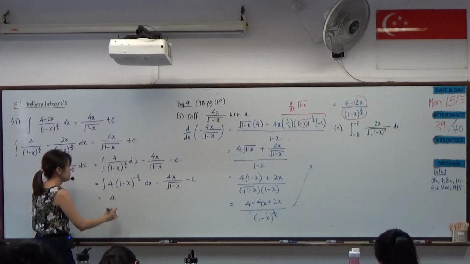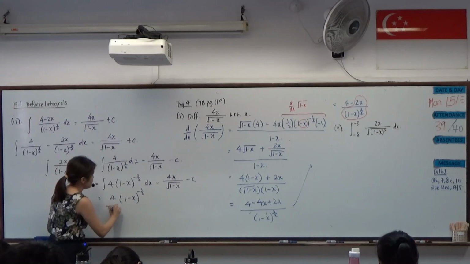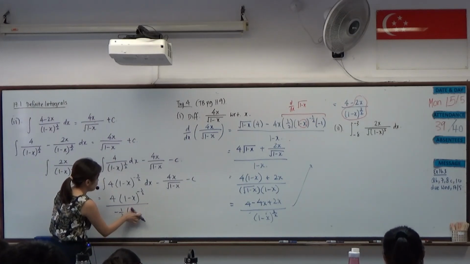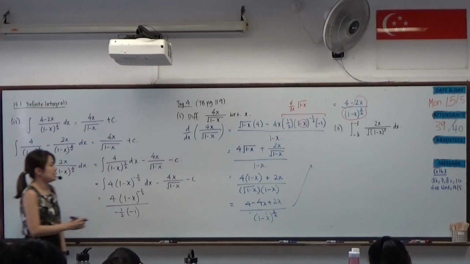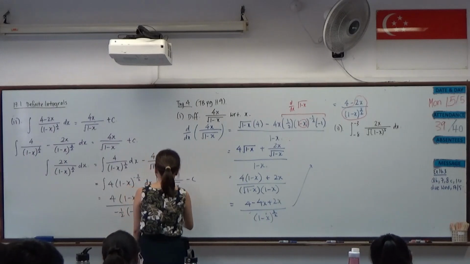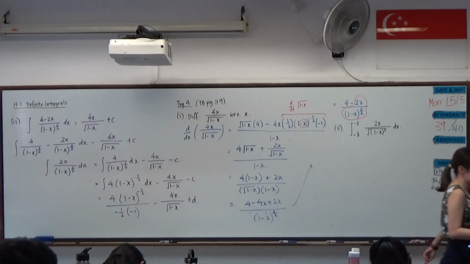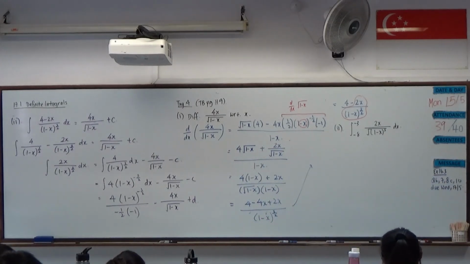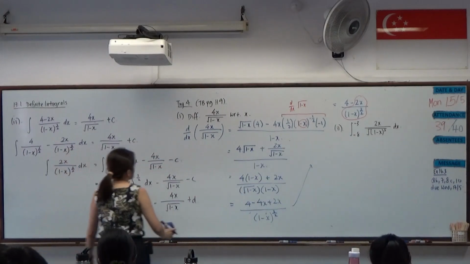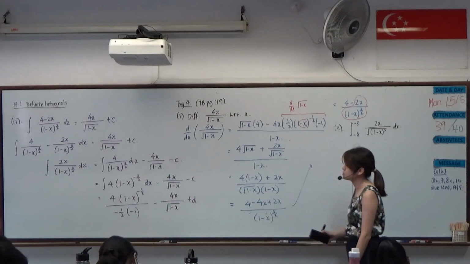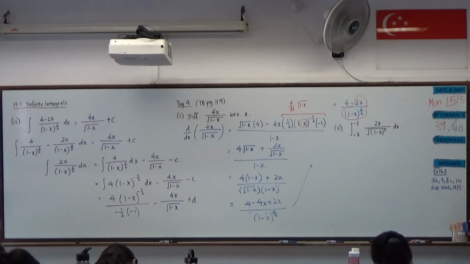So we will get 4 and then power plus 1, so that will be negative half, divide by negative half, and not forgetting coefficient of x, that's negative 1. Then minus 4x over square root 1 minus x, and then I'll just put all the constants into one constant itself, which is plus d. Any questions at this stage?